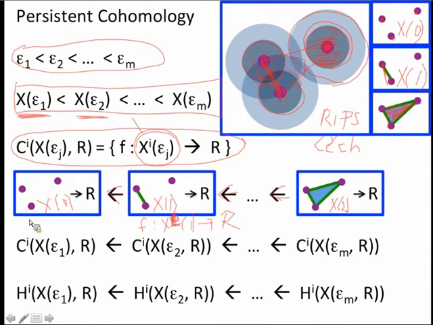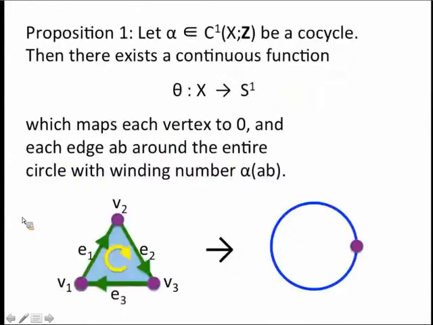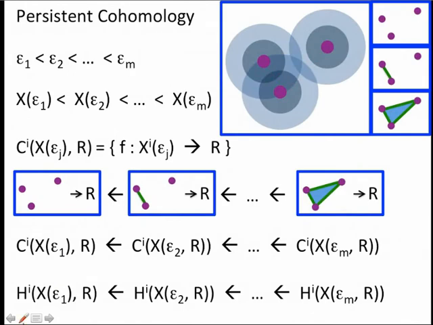Well, the way to send that is first for me to clear the page so I've got more room to write. So I've got a function that acts on vertices, edges, and faces, etc. at time 1 and outputs elements in my ring. And I want to send it to a function that acts at time 0 into my ring.